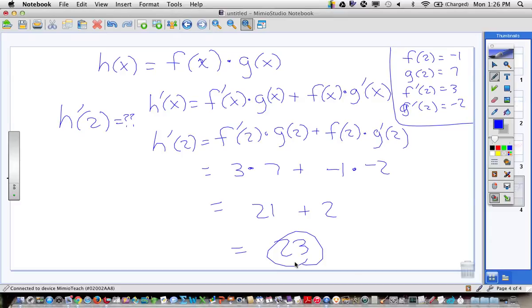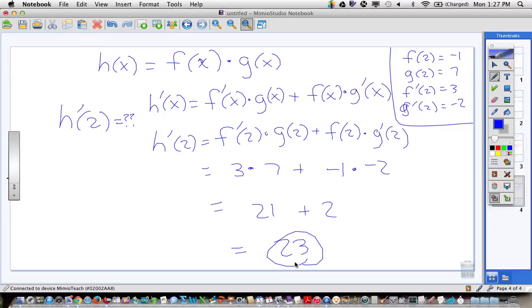So this is something you often see. Actually, what you probably more often see, instead of just asking what's h prime of 2, is this. They'll give you this function h, they'll give you these values, and they'll say, is h increasing at 2? Well, what does it mean? Is h increasing at 2 means, is h prime positive at 2?